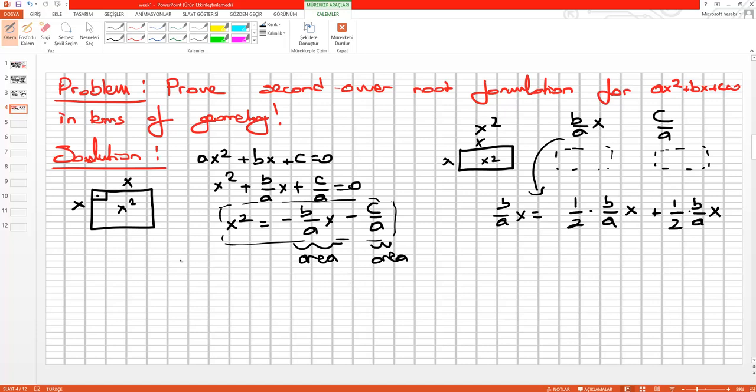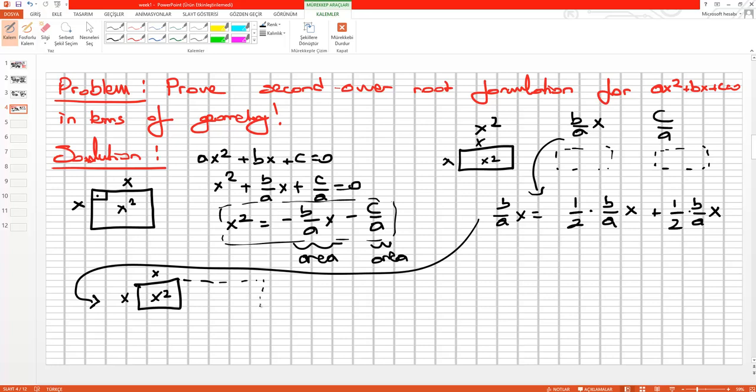And so if we have this information, we can continue with this definition, x square, x times x, and we can also give the two areas here with these coefficients: 1 divided by 2 b/a, 1 divided by 2 b/a, right?